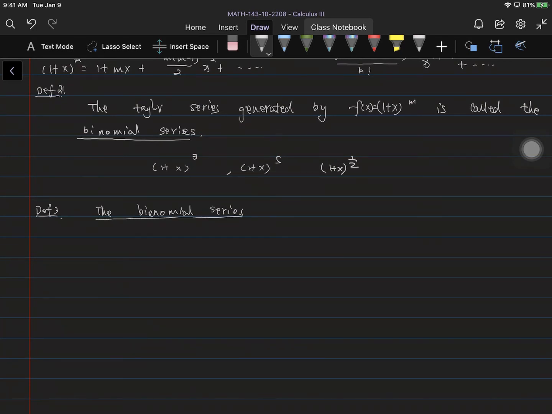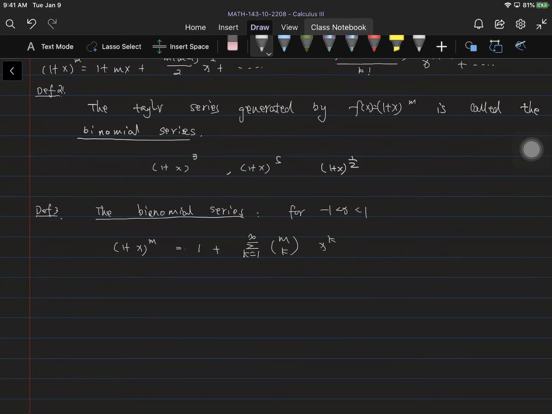So we are going to write down the Taylor series in this way. For x greater than -1 and less than 1, (1 plus x) to the power m equals 1 as the first term, and then we use sum notation from k equals 1 to infinity of m choose k times x to the power k.